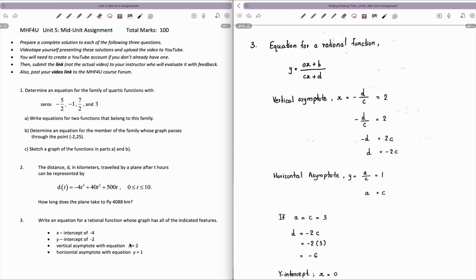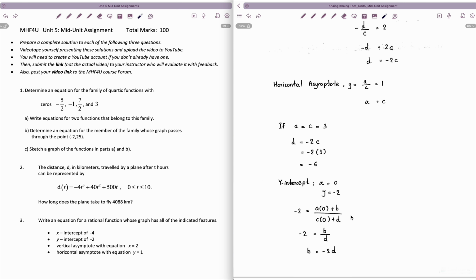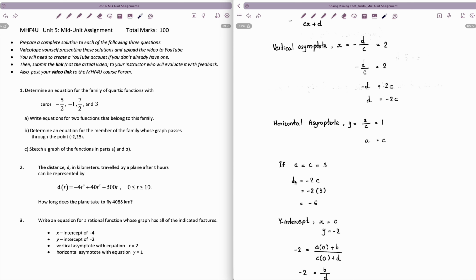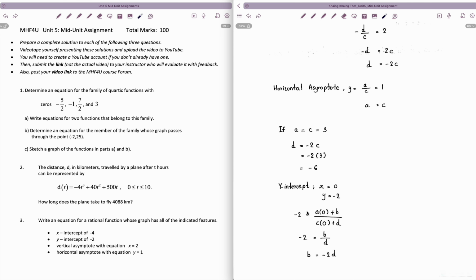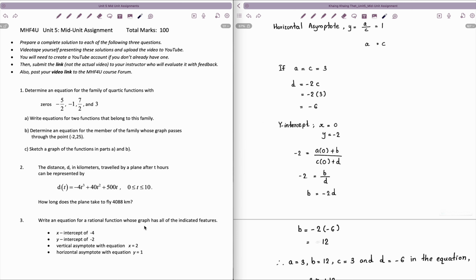And now using the horizontal asymptote y equal to 1, the equation is y equals a by c equal to 1. So a equals c. Now if a equals c equals 3, we can find the value of d is negative 6. In the question we are given the x-intercept and y-intercept.